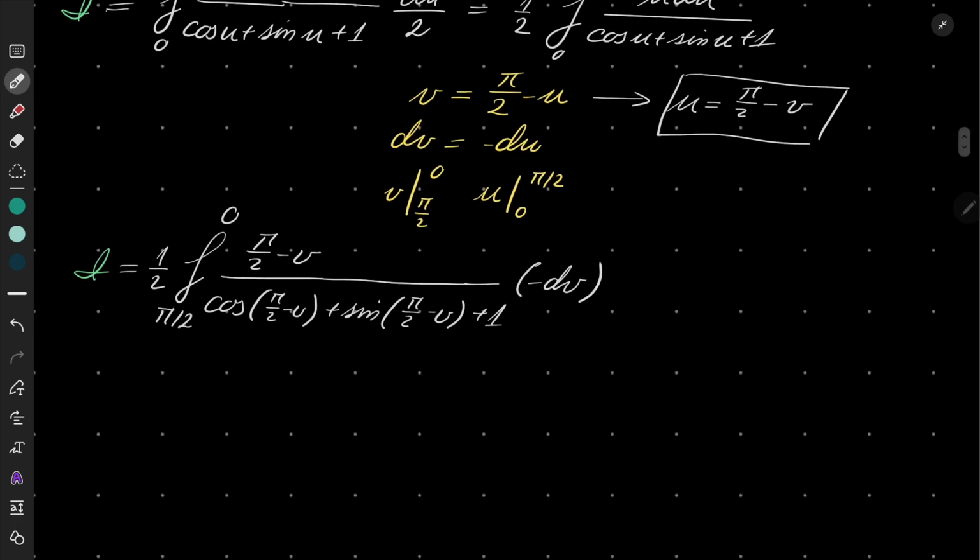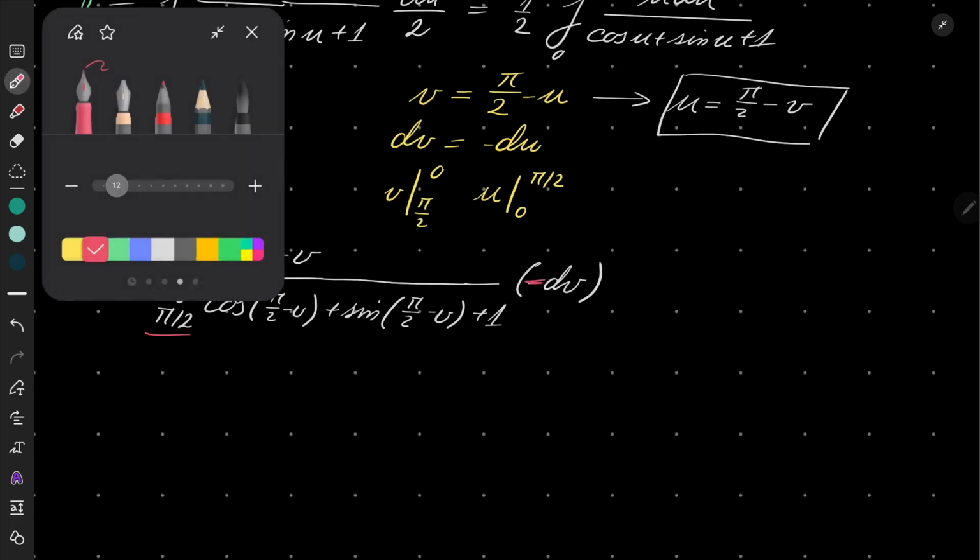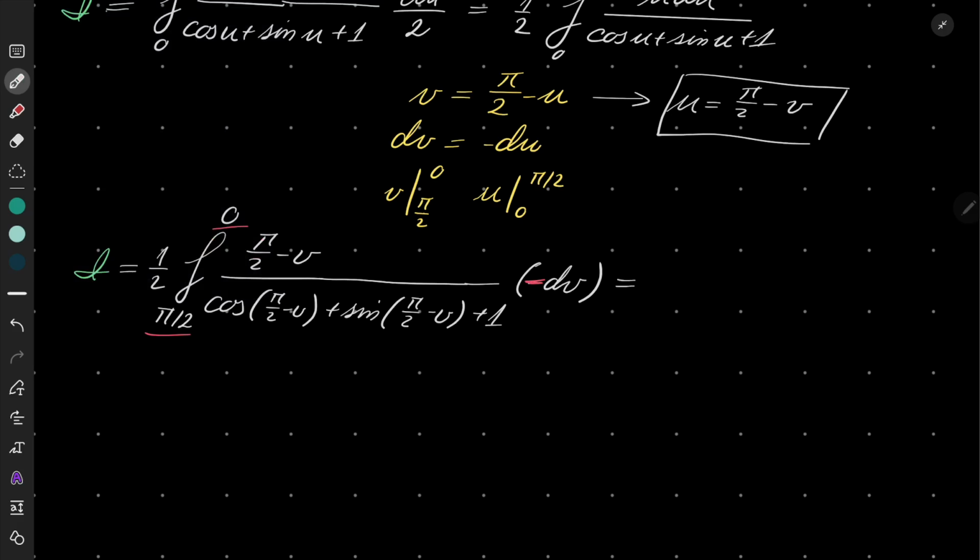Very well. Classic trick: I can use this minus to change the limits of my integral, and I can write it in the following way: 1/2 integral from 0 to pi over 2.